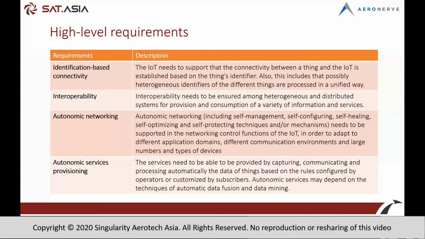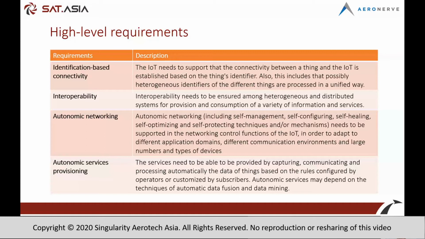The other requirement is autonomic service provisioning. Service provisioning means that the service needs to be able to be provided by capturing, communicating and processing the data automatically, based on the rules set by the operator or customized by the subscriber.